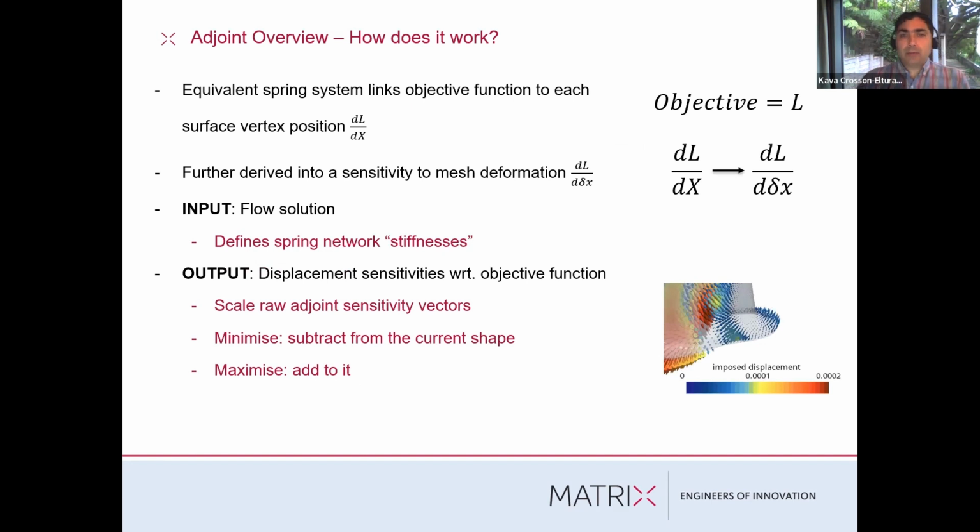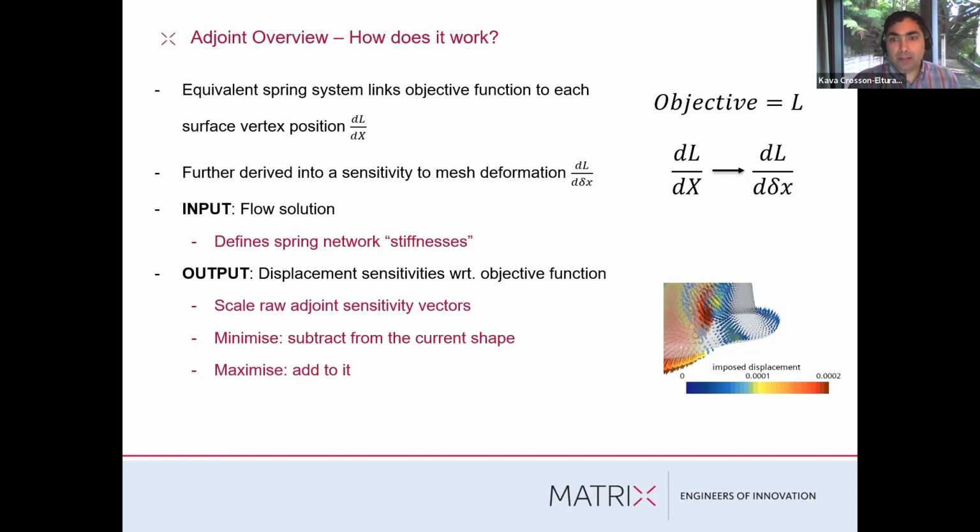So how does adjoint technology work? It's pretty involved, but just to keep it simple, the technique we'll be looking at today uses an equivalent spring system, which links the objective function to each surface vertex position. Those sensitivities are basically the rate of change of your objective function with respect to the position in the model of that vertex. And then that's further derived into a sensitivity to mesh deformation in the normal direction of the mesh.